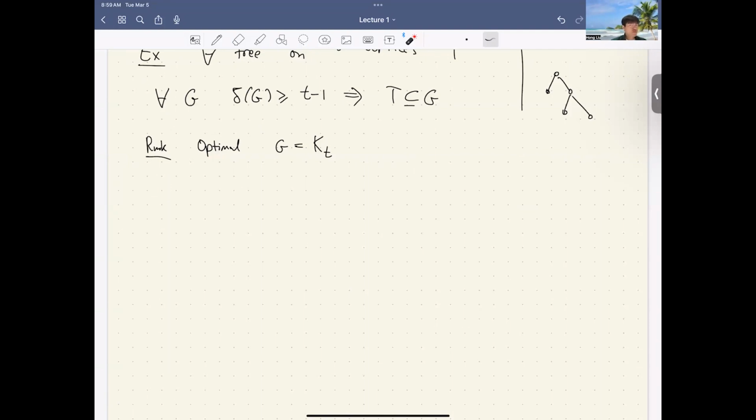So if not, let's move on to perhaps one of the very first theorems in extremal graph theory, Mantel's theorem. Okay.